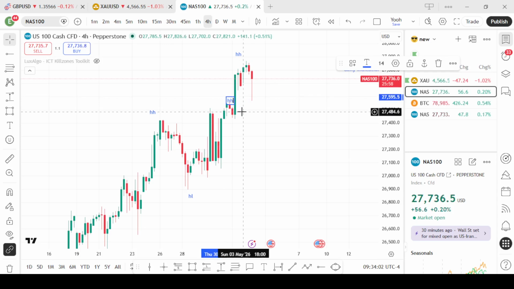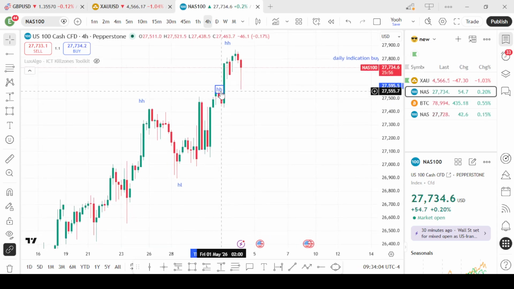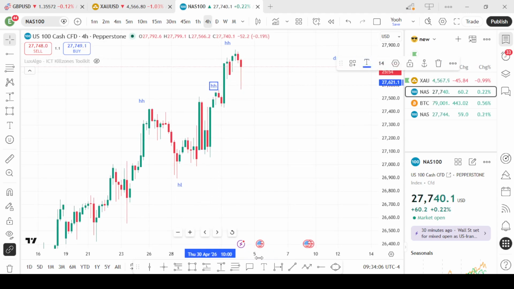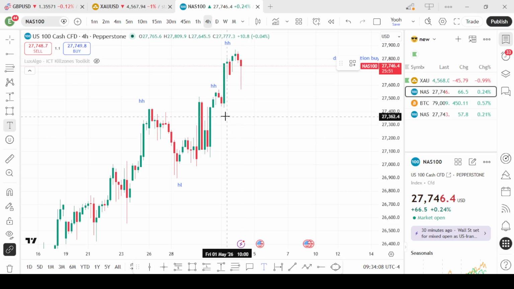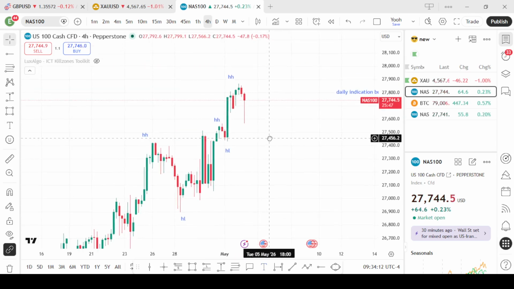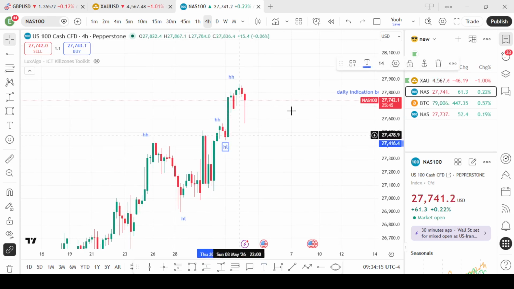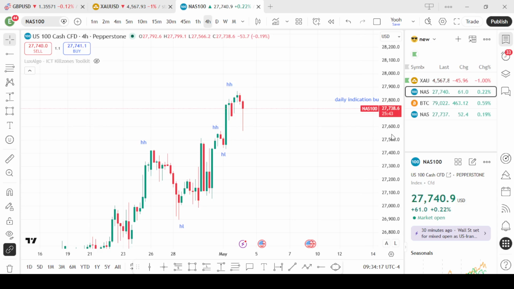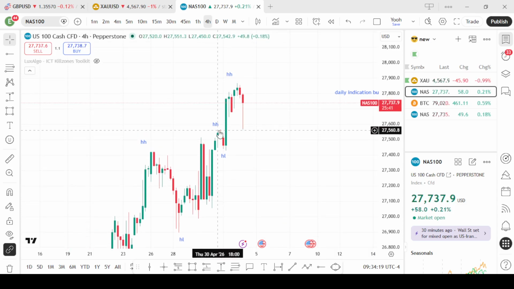It is higher high. This is also a higher low. On the 4-hour, we are looking at it like this. This was our previous structure.